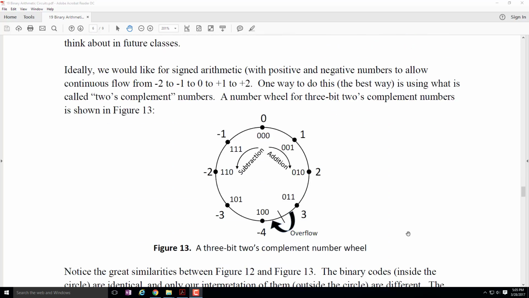Here you see the number wheel with 2's complement, and look here, right near 0: -2, -1, 0, 1, 2. It's nice and smooth all around 0. There is an overflow point, and that overflow point is between 0, 1, 1 and 1, 0, 0. Because 0, 1, 1 corresponds to a +3 and 1, 0, 0 corresponds to a -4. So there's still a place where you're going to have to wrap around.